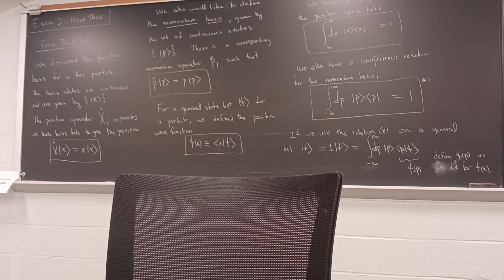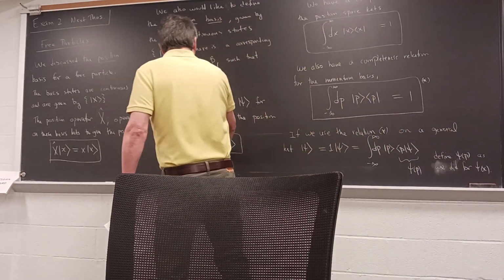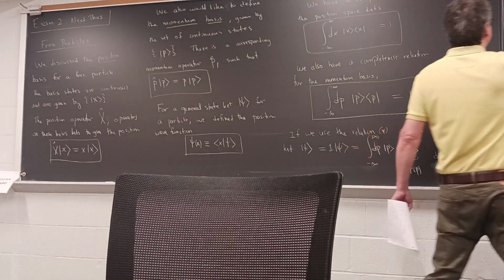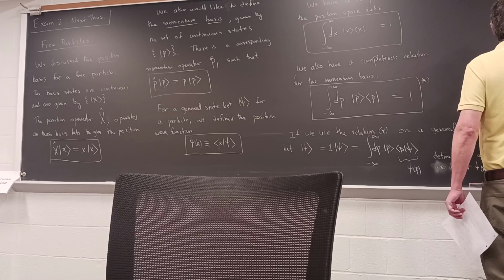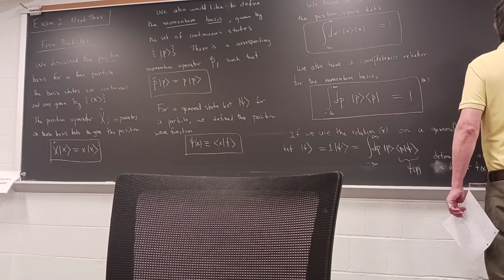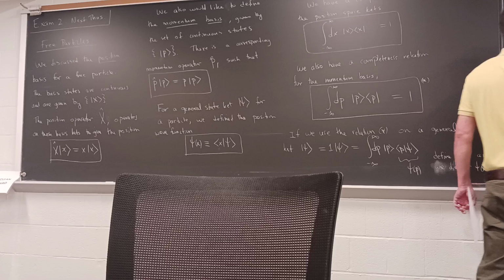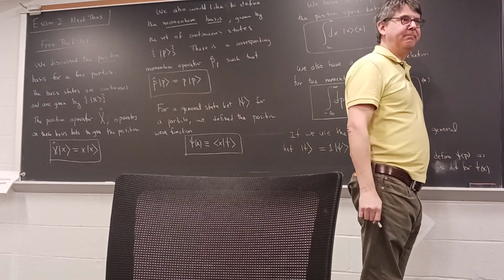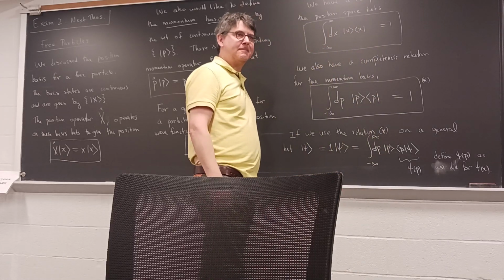Okay, now we can take the inner product with one of the x states. So let's come in on the left with <x|. So we can write down that <x|psi> is the integral over dp from minus infinity to infinity of psi of p times <x|p>.